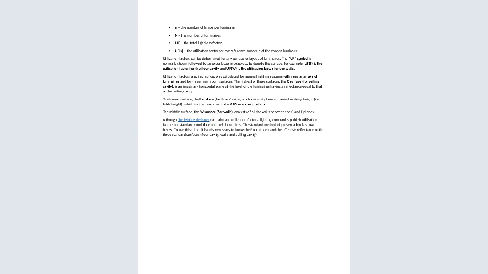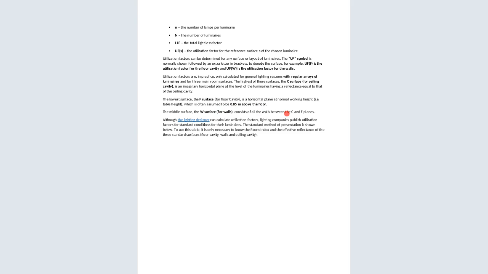Utilization factors are in practice only calculated for general lighting systems with regular arrays of luminaires and the three main room surfaces. The lowest surface, that is the floor surface, is the horizontal plane at the normal working height, i.e. the table height, which is often assumed as 0.85.